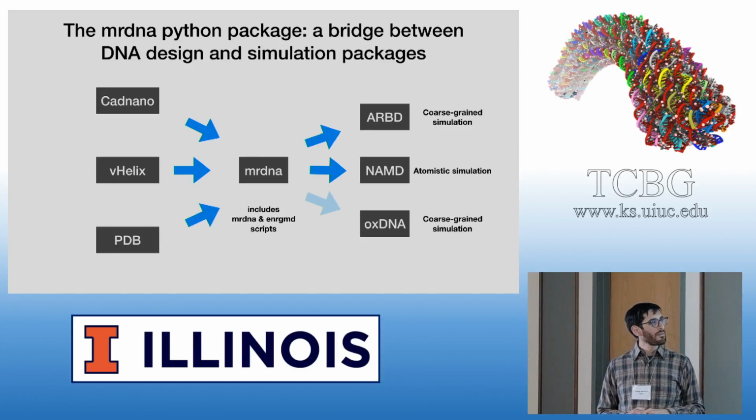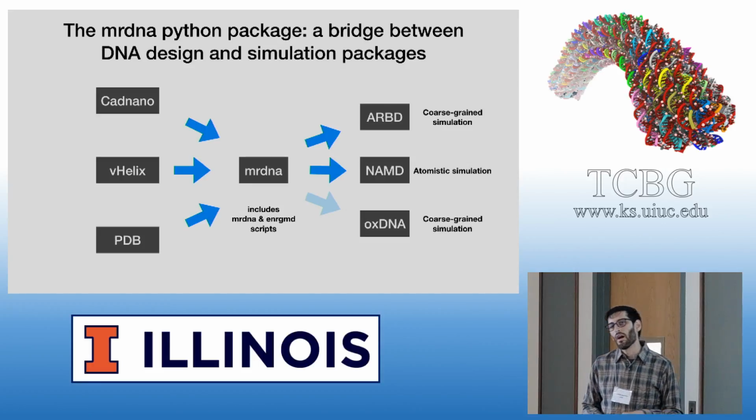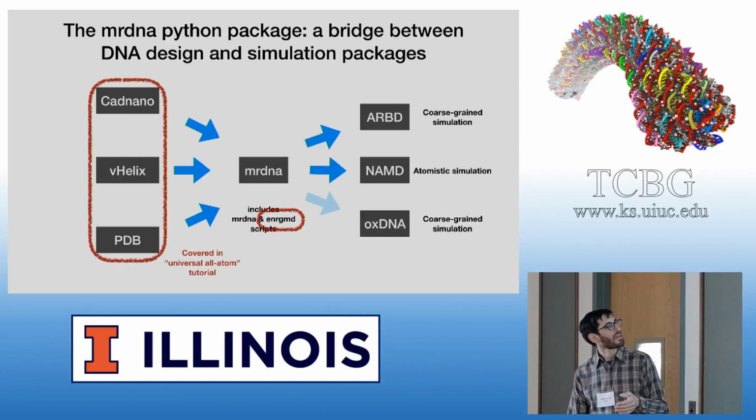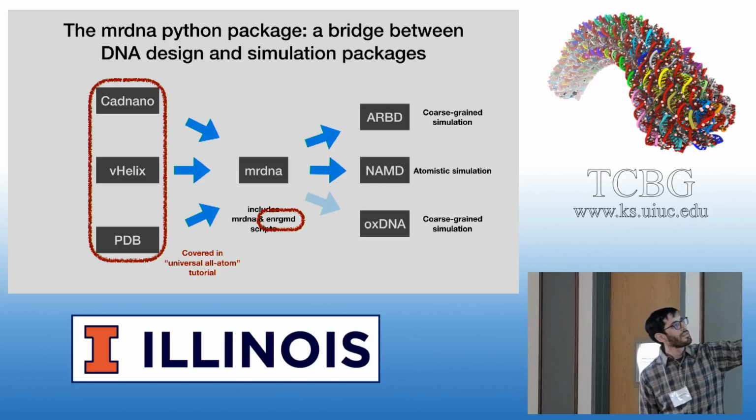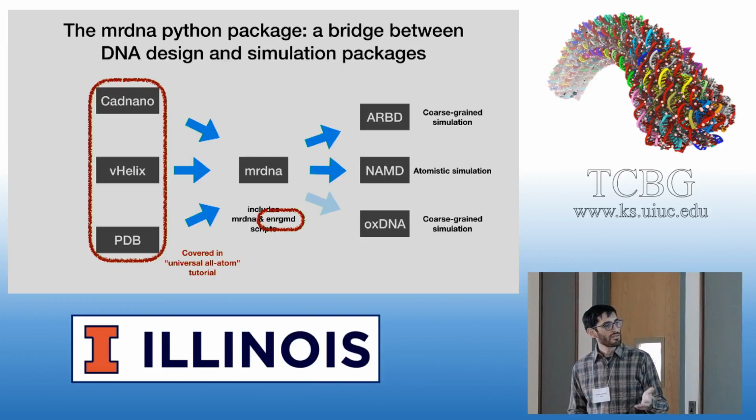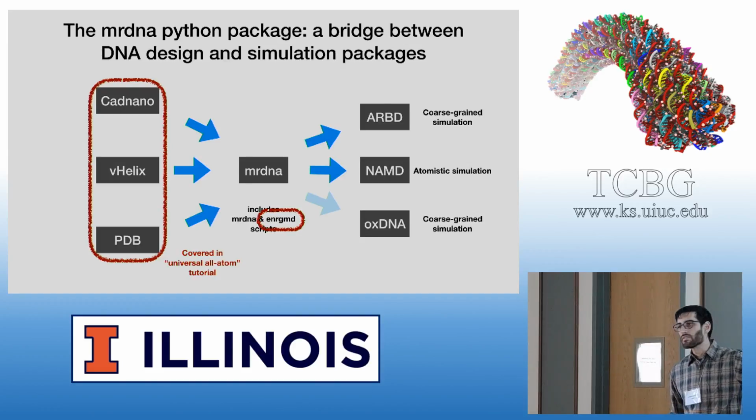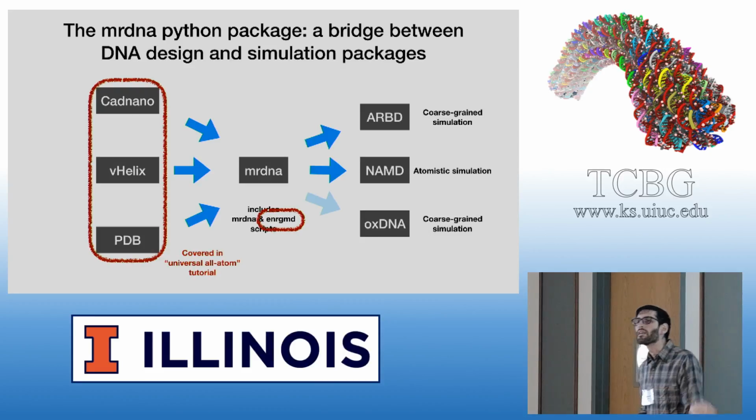And finally, we've very recently added a PDB reader, which opens up a lot of possibilities for integrating with other kinds of software. And so the usage of different inputs is covered in a tutorial. It's our universal all-atom tutorial. And it specifically covers how you use the mrdna script to run atomistic simulations, or to prepare atomistic simulations.